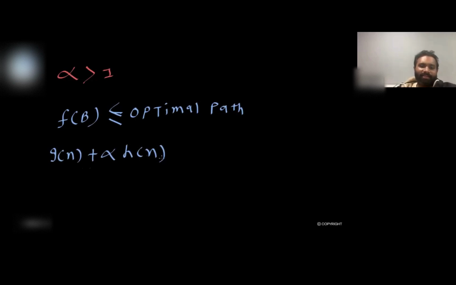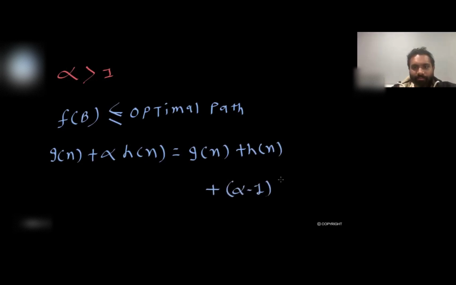So you can just consider that this is less than or equal to alpha, because Gn plus alpha times Hn, you can decompose in this way: Gn plus Hn plus alpha minus 1 times Hn. Right? Now this term that I have indicated using the orange color is nothing but less than or equal to the optimal path.